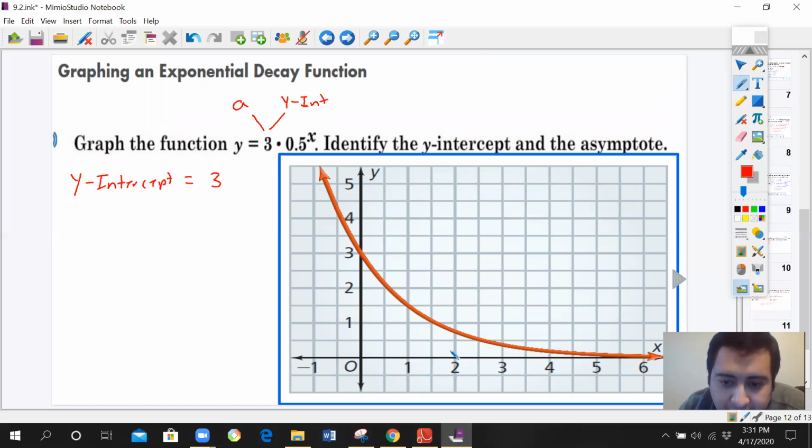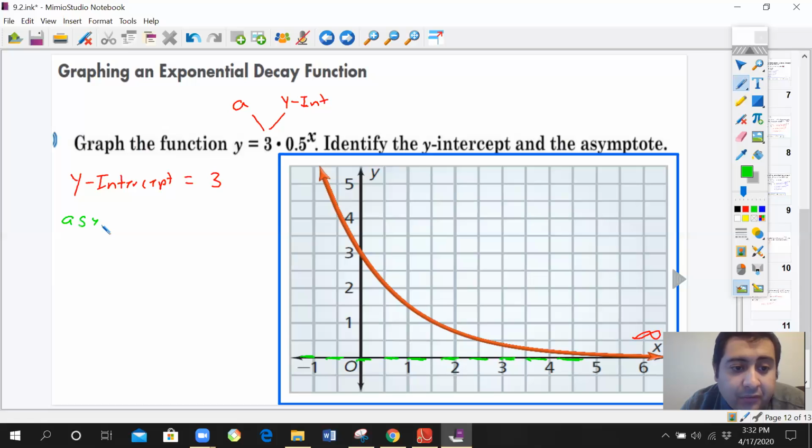Your asymptote, if we look at the decay graph, is going to positive infinity values on the x-axis, but it's never going to cross this line. It's going to go all the way to infinity, but it's never going to cross this line, which is your asymptote at the y-axis at y equals 0.